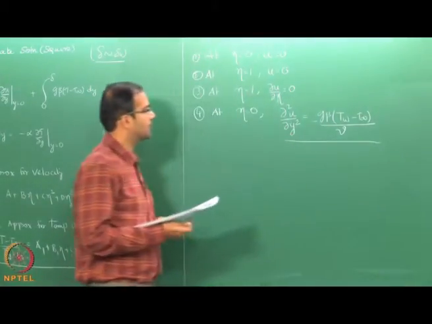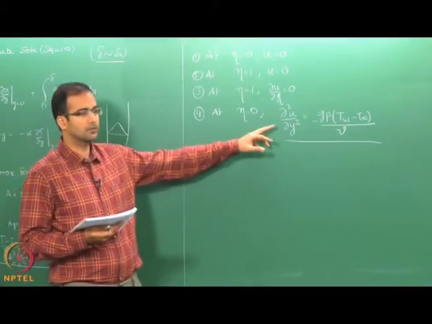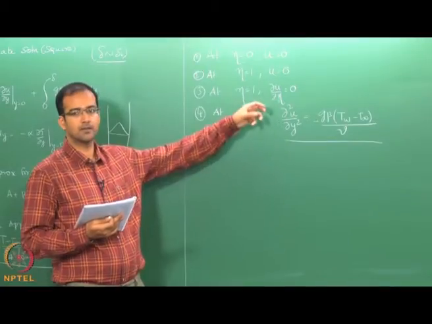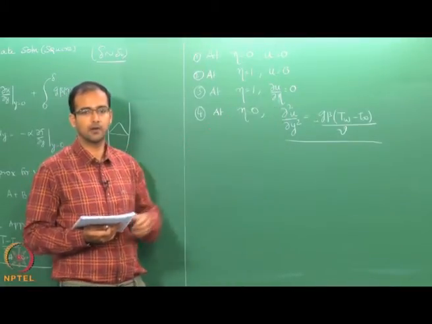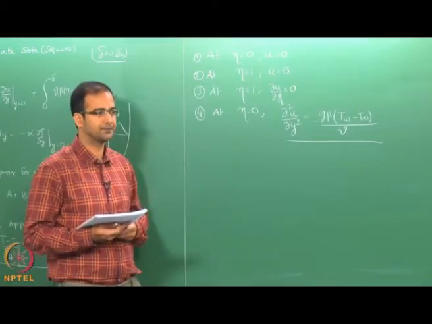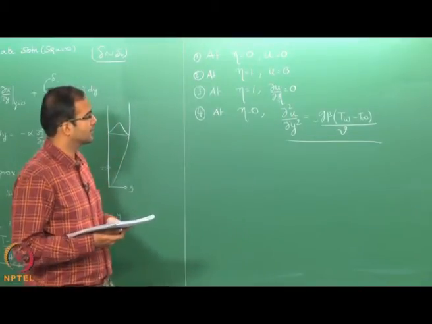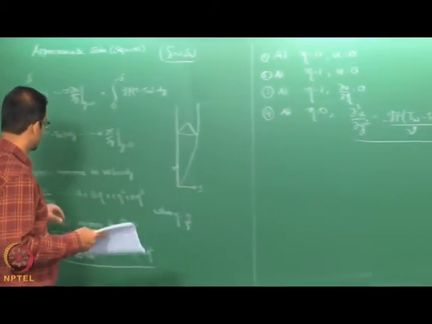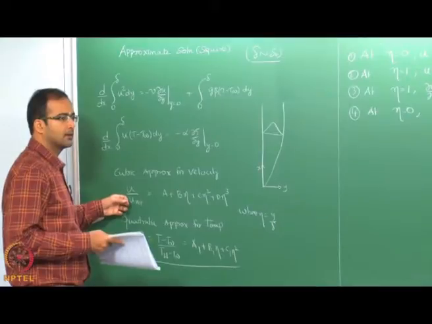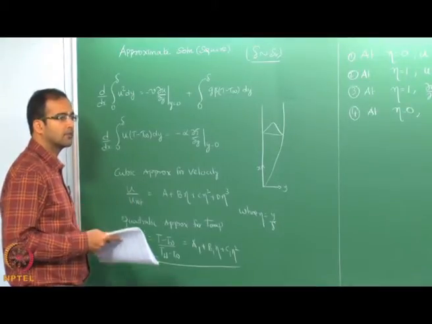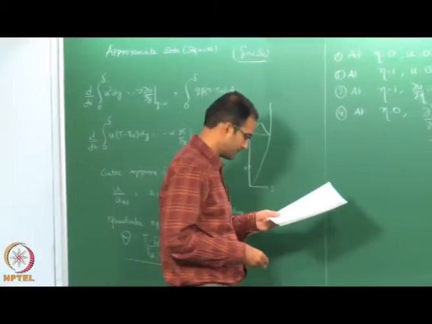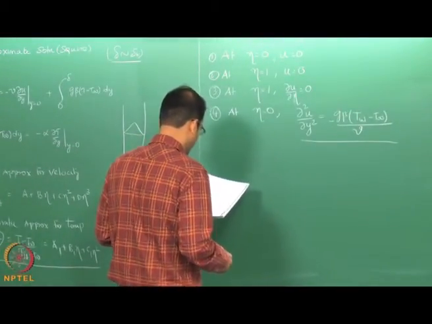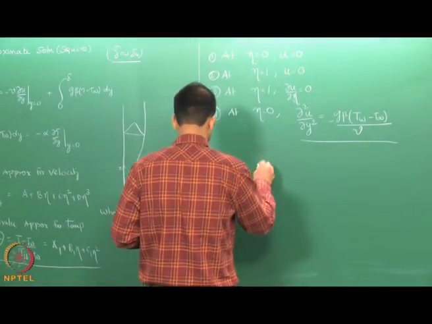So, you see that the boundary condition at eta equal to 0 is for the second derivative. So, before giving this, we have to give a first derivative boundary condition at eta equal to 1. We cannot directly jump to this. So, therefore, now we have 4 boundary conditions. We can substitute into this polynomial here. Try to find out the 4 constants or coefficients. I will list down the final profile after you do all the manipulation.